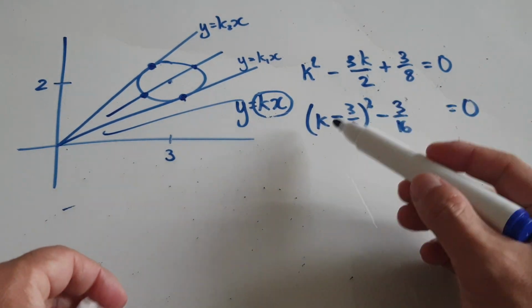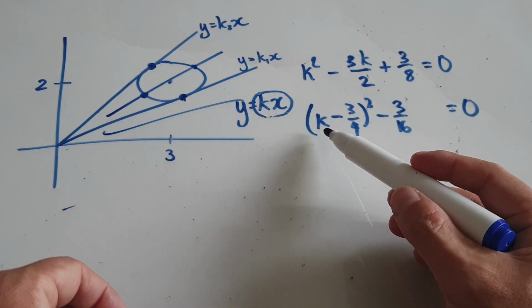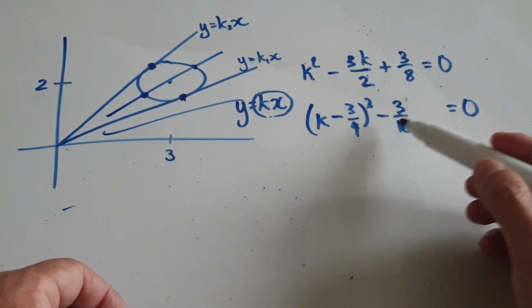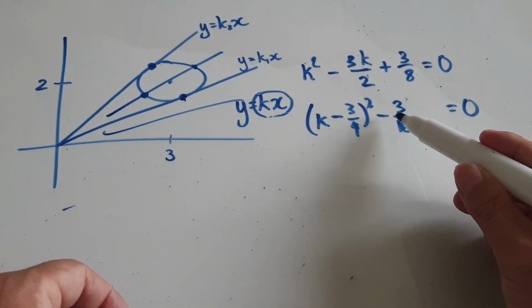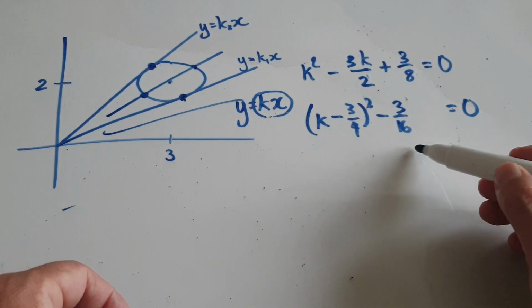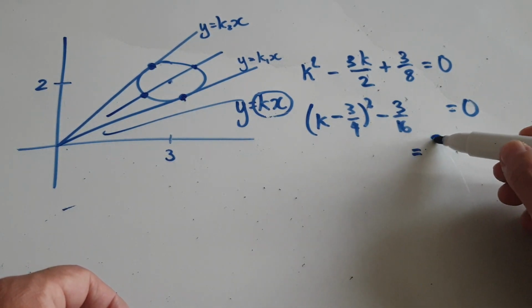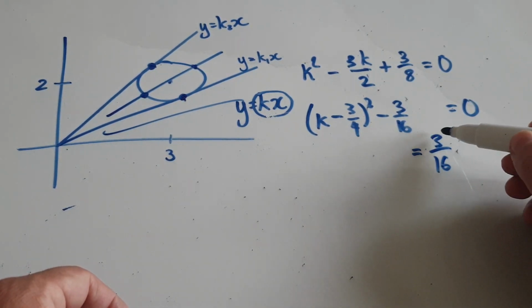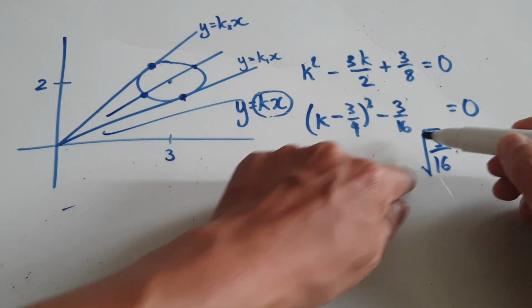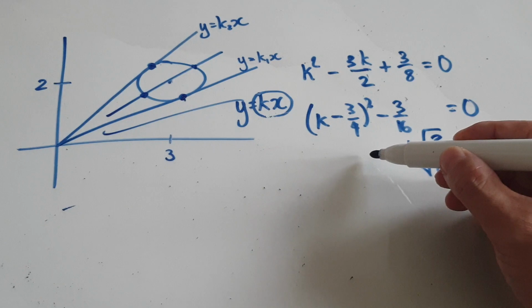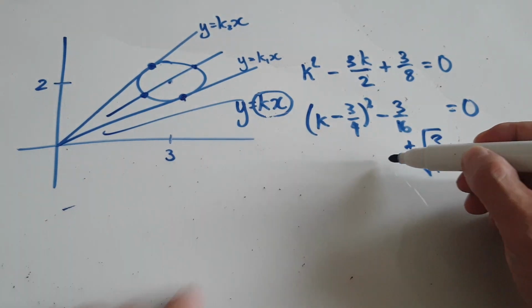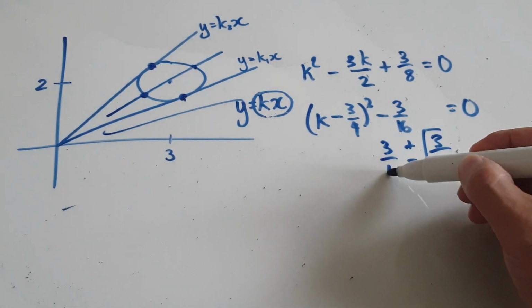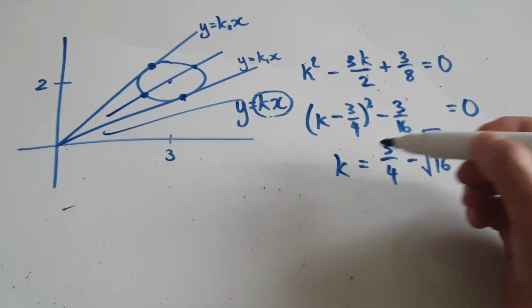And then now it's just a matter of finding out k. So add 3 over 16 to both sides, and then square root both sides. That will give you the positive version and the negative version, and then add this 3 over 4. So that's what k will be.